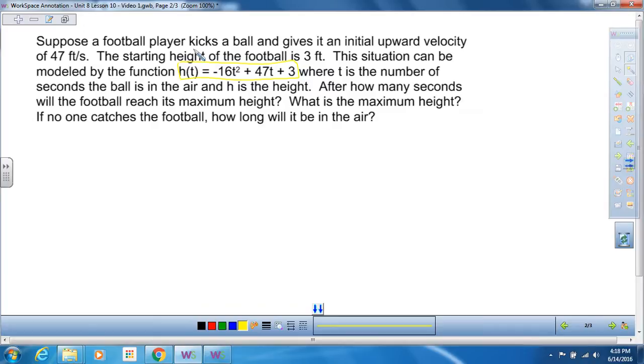Okay, so I'm doing a couple of things here. I have this first question: after how many seconds will the football reach its maximum height? Okay, this word maximum tells me that I'm looking for the vertex. So I need to find the vertex of this.